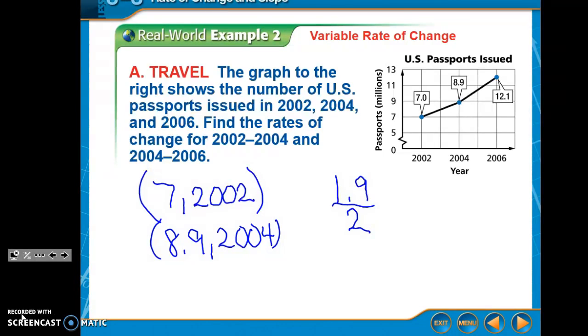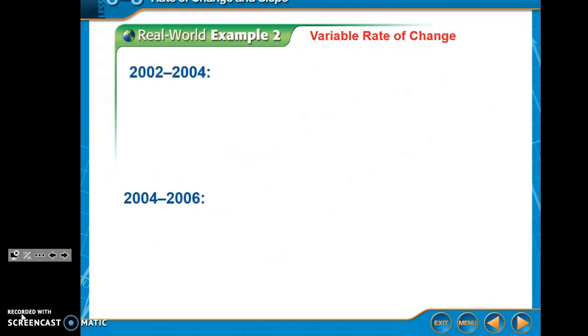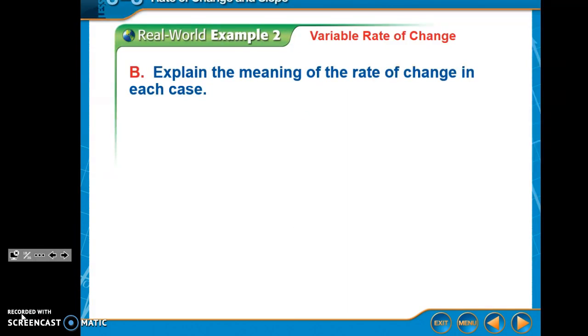Yeah. So explain, what did that mean? I kind of just said it, but what did it mean, that 1.9 over 2? Passports in 2 years. Alright, so that means that there was an increase of 1.9 million passports in that 2-year period, right?